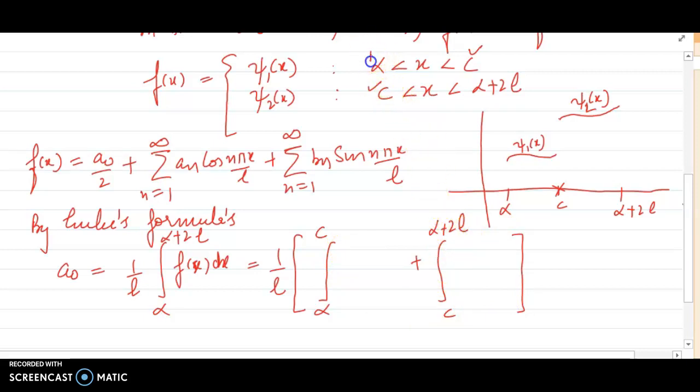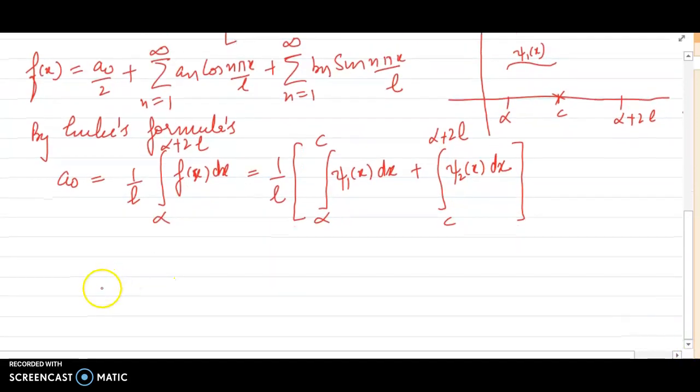When x is varying from alpha to c, the value of the function f of x is psi 1 of x, so I write psi 1 of x dx, plus, when it is varying from c to alpha plus 2L, it is psi 2 of x dx.